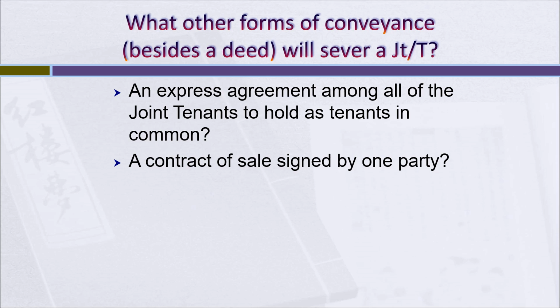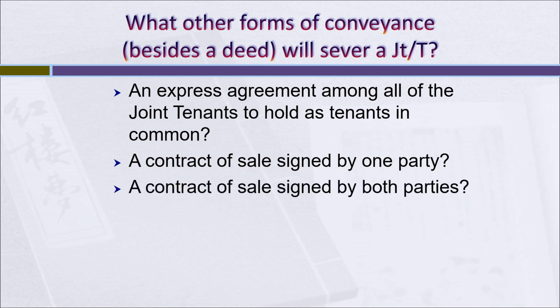One of them has obligated himself or herself to transfer the property under the contract, and the other has not so obligated himself or herself. So the result is that they're thought of as being not on the same footing, not having the same exact title, and therefore the unity of title is broken, and therefore a court is likely to say that that's enough to sever the joint tenancy.